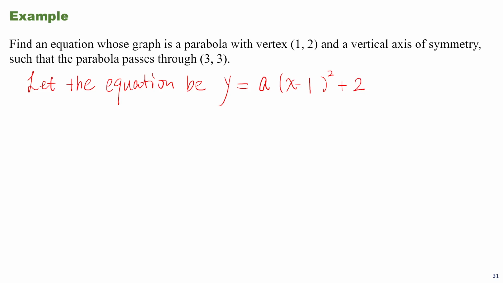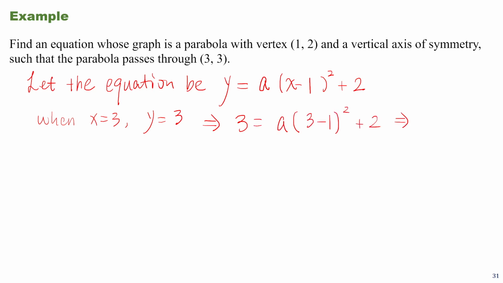And we also know this parabola passes through the point (3, 3). So x equals 3, y equals 3, because (3, 3) is on that equation, so it must satisfy that equation. That means 3 equals a times (3 minus 1) squared plus 2. In this way we can solve for a.